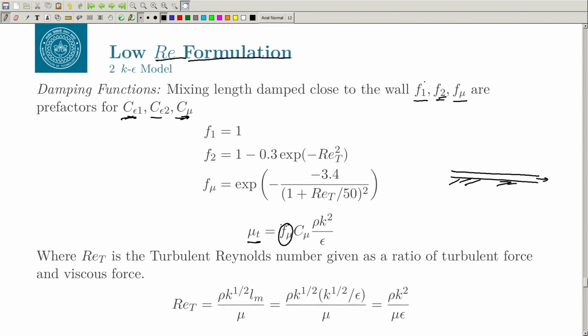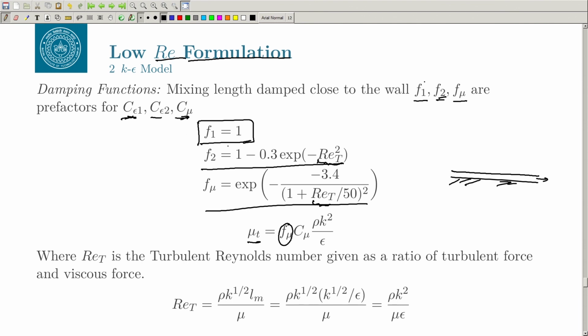You can see that these are functions of RET. If you go very close to the wall, the value of RET decreases because the turbulent forces decrease, and that has been accounted for by using these kinds of functions. In f2 and f mu, they also tried using damping for f1, but they found that it does not affect the model that much.